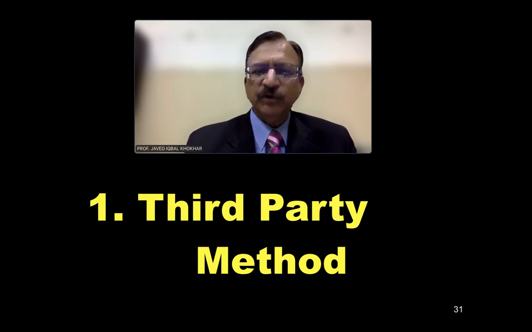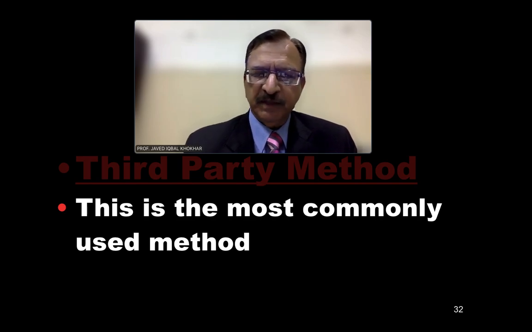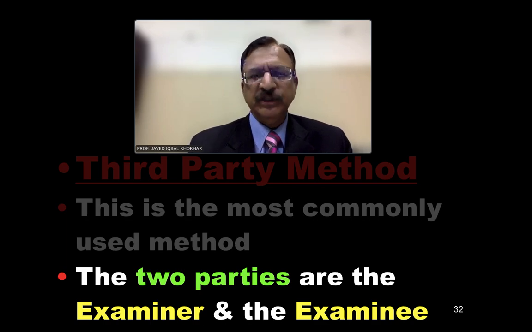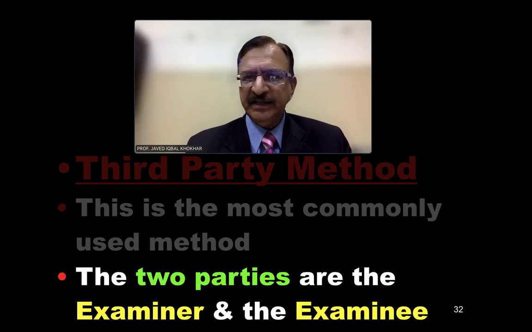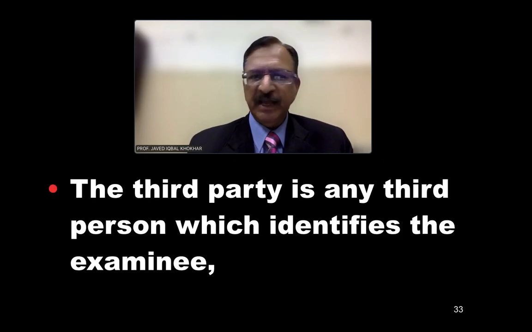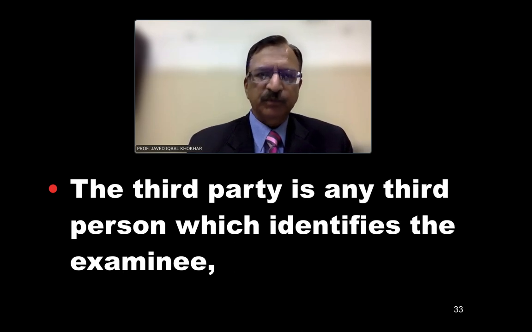Now let's talk about the third party. Third party is the most commonly used method at autopsy, and we know that the two parties are the examiner and the examinee, and the third person or the third parties can be any, and it can be a policeman, family member, the relative, the friend.